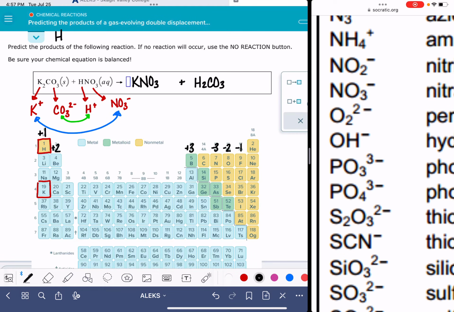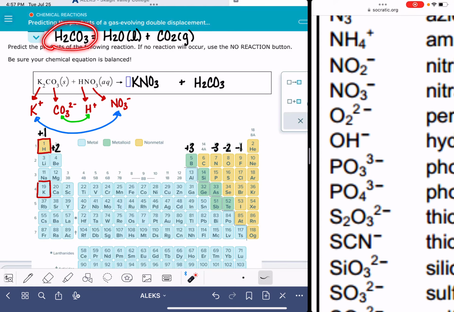So if you end up producing a product of H2CO3, like I did in my reaction, that is actually going to immediately decompose and turn into water, which will be in the liquid phase, and CO2, which will be in the gas phase. And that is just something that Alex expects you to know when you're solving this problem.